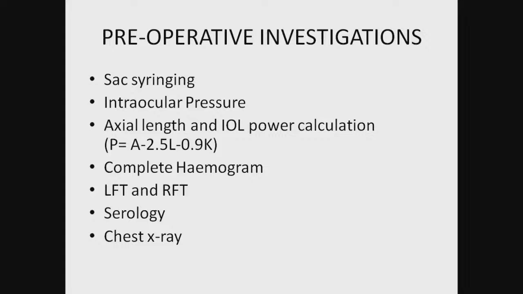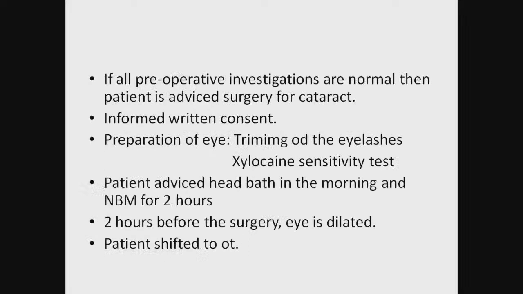You cannot implant just any lens. Some patients are myopic, and according to them the IOL power will be different. If they are hypermetropic, the IOL power will be different. That's why the IOL power required for the patient is calculated, and an IOL of that particular power is implanted. So pre-operative investigations are very important.